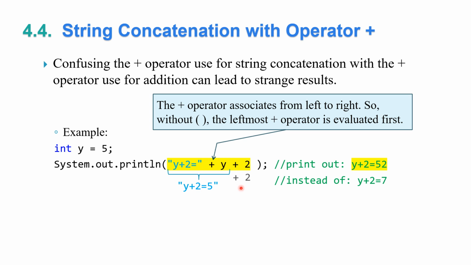Then the value 2 is concatenated to the new larger string to form the string "y plus 2 equals 52". Here, both plus operators are string concatenation because the left operand of each operator is a string. If the second plus operator is intended for addition, then you need to put parentheses as in the previous example.